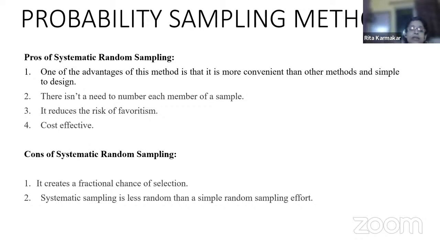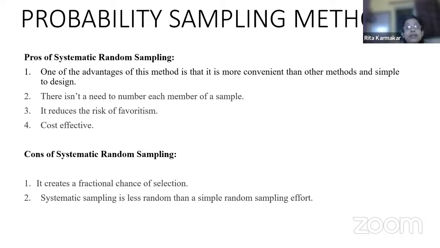Okay. The cons would be that it is creating some kind of fractional chance of getting selected, because if by chance you are biased, and your favorite people are there in 1 to 10, you can select that first individual based on your favoritism. It's not always possible.